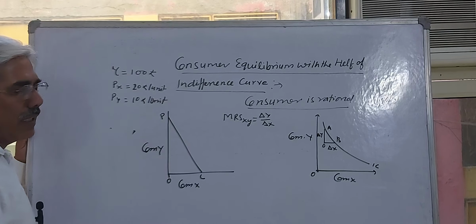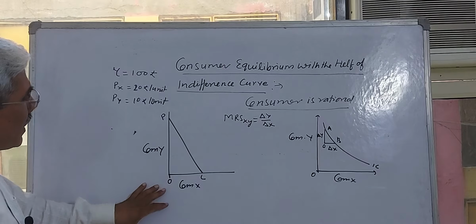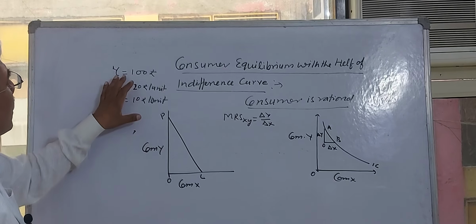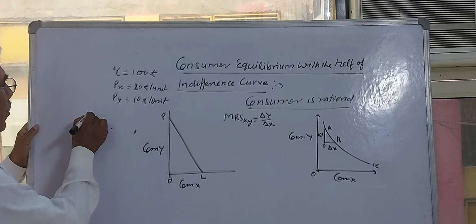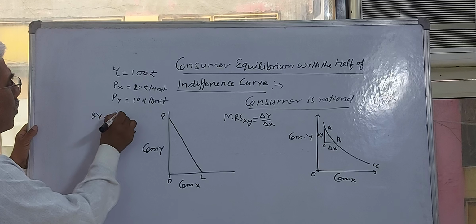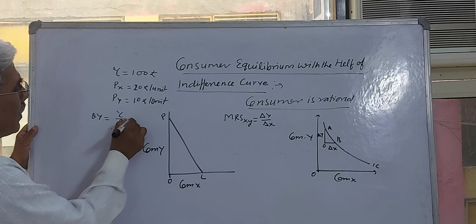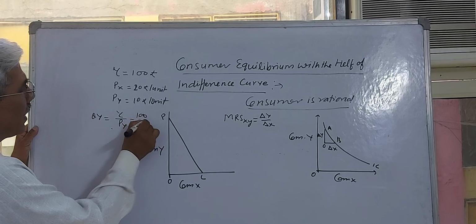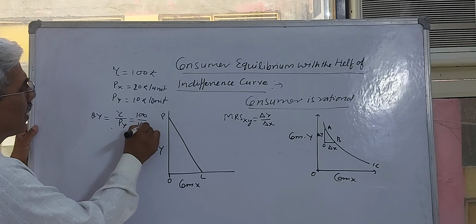You can mathematically derive it. If the consumer spends the total income on the purchase of commodity Y, the quantity of Y is equal to income upon price of Y. Income is 100 rupees and price of Y is 10 rupees per unit.